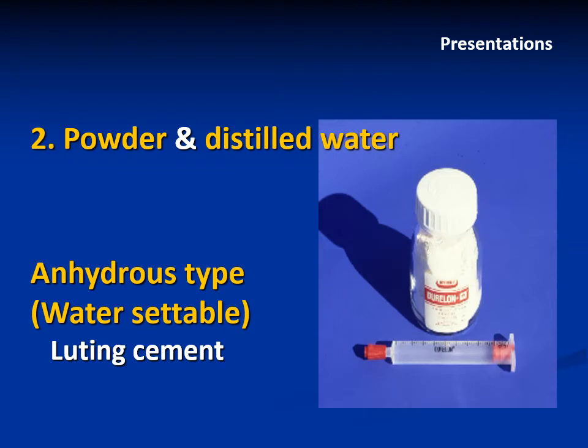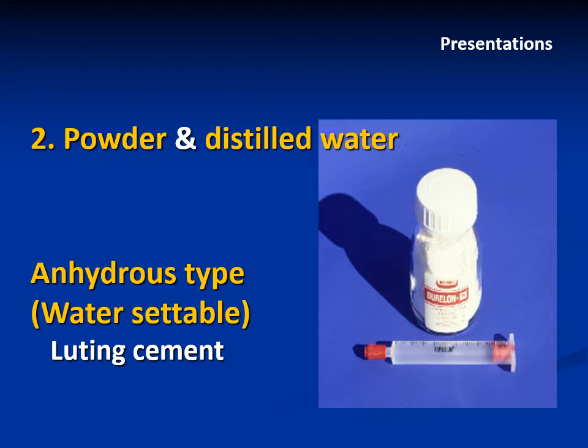The second type of zinc polycarboxylate cement is the anhydrous type or water-soluble type. This means that it is mixed with distilled water. So it is supplied in the form of one bottle containing both the powder and the liquid, with the liquid in the form of powder.